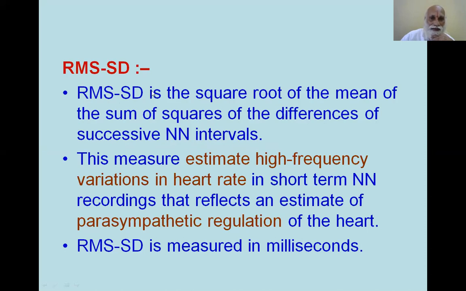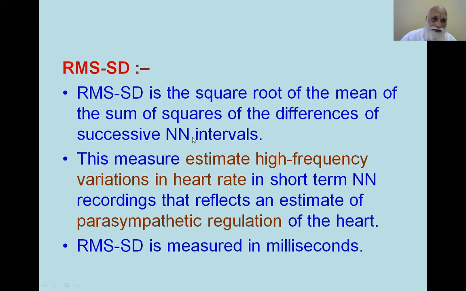So, you have NN intervals, and successive NN intervals means the difference between two successive NN intervals. This is taken and then squared, you add up the squares, take the mean, then take the square root.